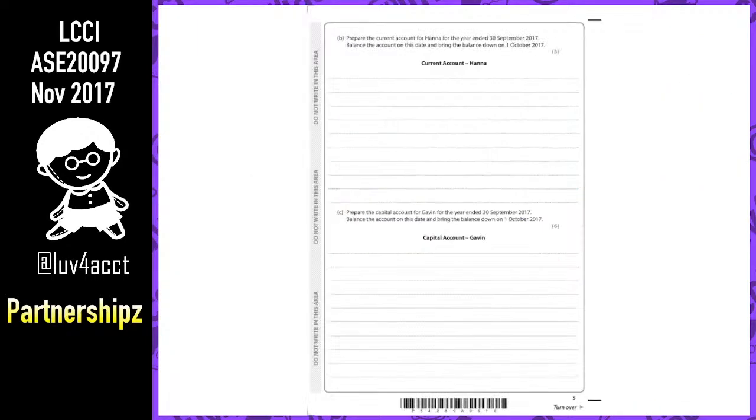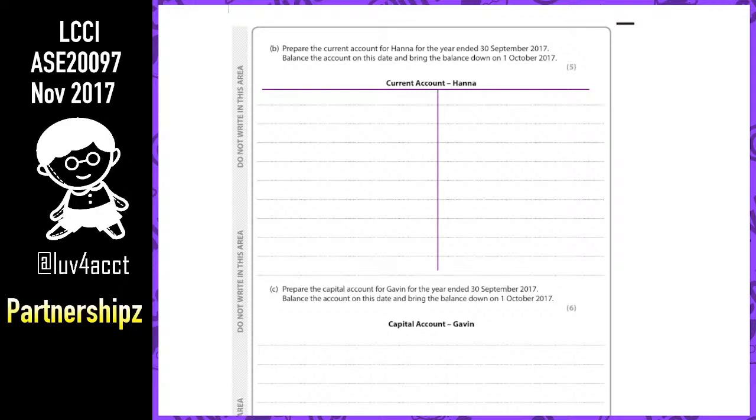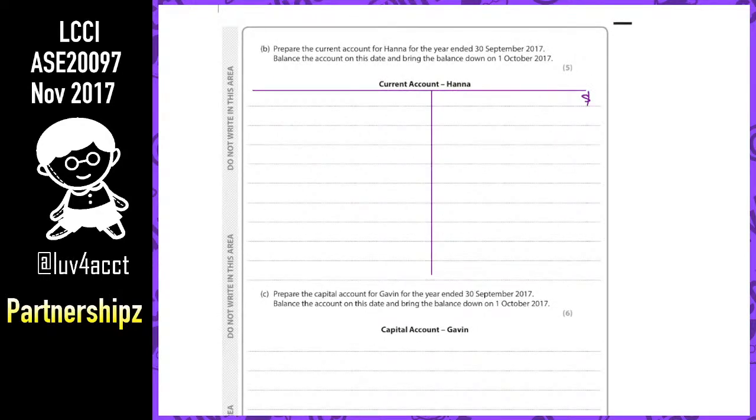For the current account, we have to prepare for this year for Hannah. If our appropriation is different from the mark scheme, the current account will also be. Anyway, we will focus on what is correct, just like we always do.